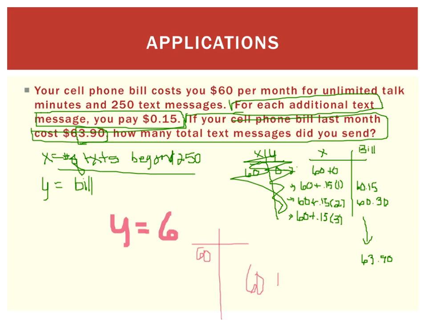Then I consider 2 a number of texts beyond 250. Do you see how that's going to be the variable? The variable is how many text messages I have beyond 250. Exactly. This is starting to make sense. Good.